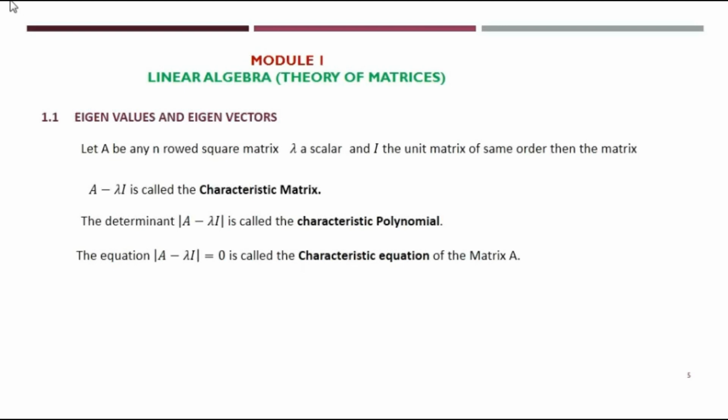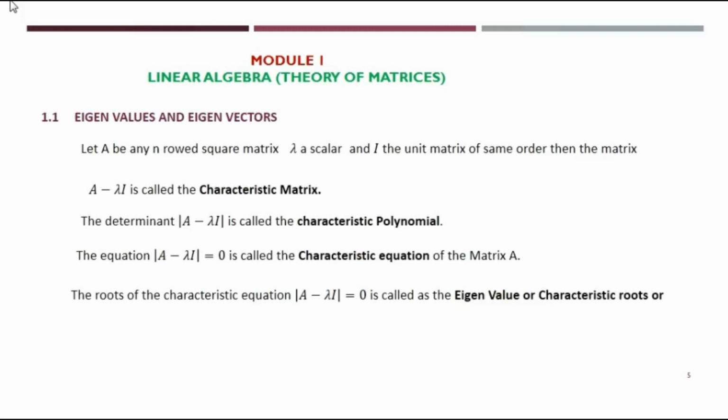And the roots of this characteristic equation are called the eigenvalues, or the characteristic roots, or the characteristic values, or the latent roots or proper values. Okay? So if A is any matrix and I is a unit matrix, then A minus lambda I is called the characteristic matrix.